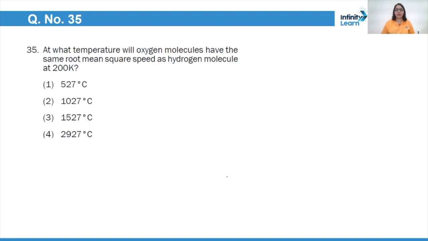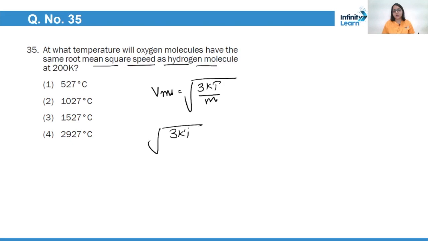Question number 35. At what temperature will oxygen molecule have the same root mean square speed as hydrogen molecule at 200 Kelvin? So, Vrms is given as under root 3kT upon m. So, for oxygen and hydrogen, this value is same. That means under root 3kT of oxygen divided by mass of oxygen is equal to under root 3kT of hydrogen divided by m of hydrogen.